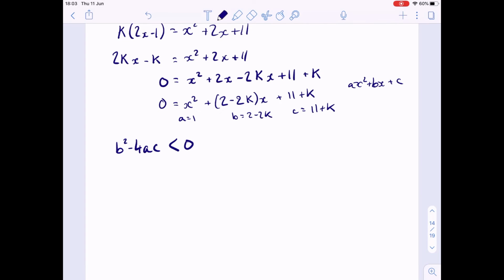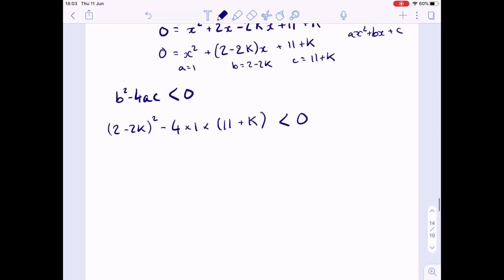So let's sub in our values of a, b, and c into this. 2 minus 2k squared minus 4 times 1 times 11 plus k is less than 0.